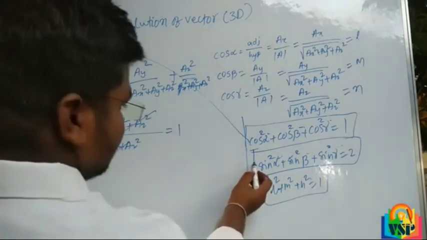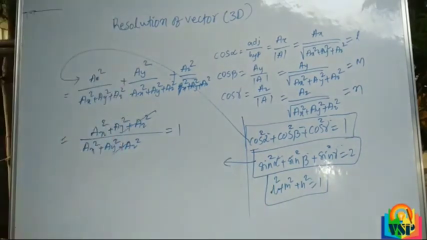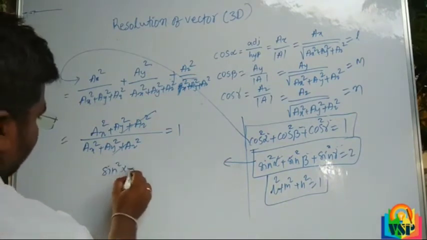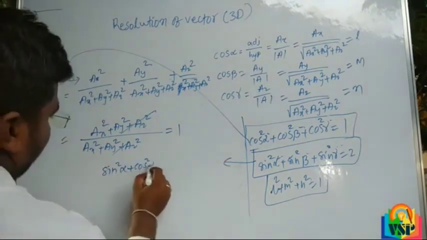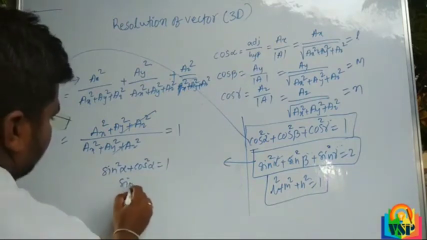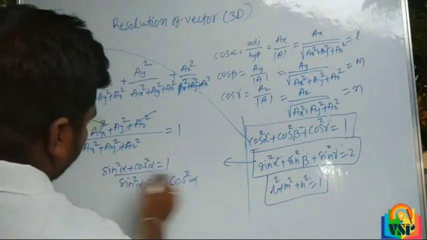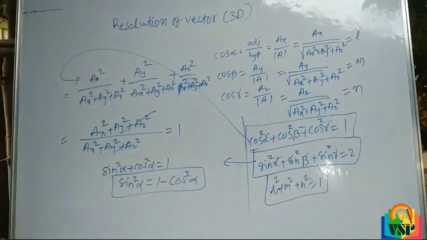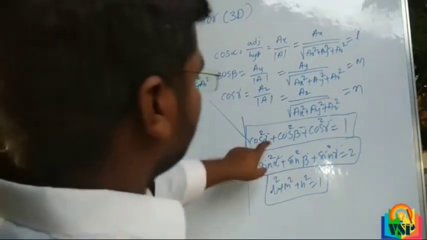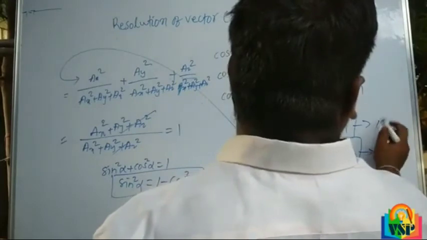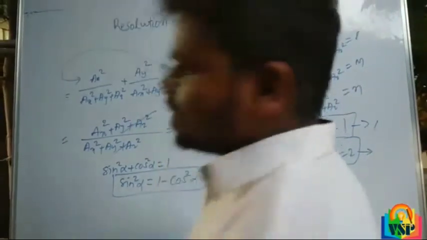Coming to sin square alpha plus sin square beta plus sin square gamma. How we can get it: we know the identity sin square alpha plus cos square alpha is equal to 1, so sin square alpha is equal to 1 minus cos square alpha. We can use this in the form of equation 1 or 2, and we get the value 2.